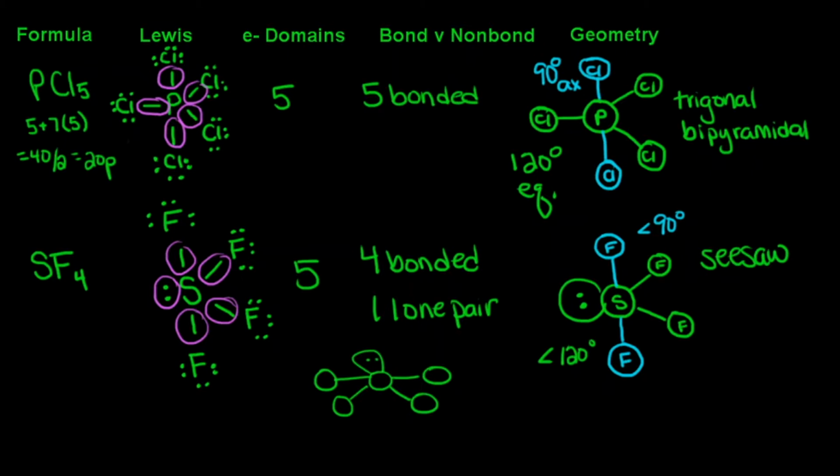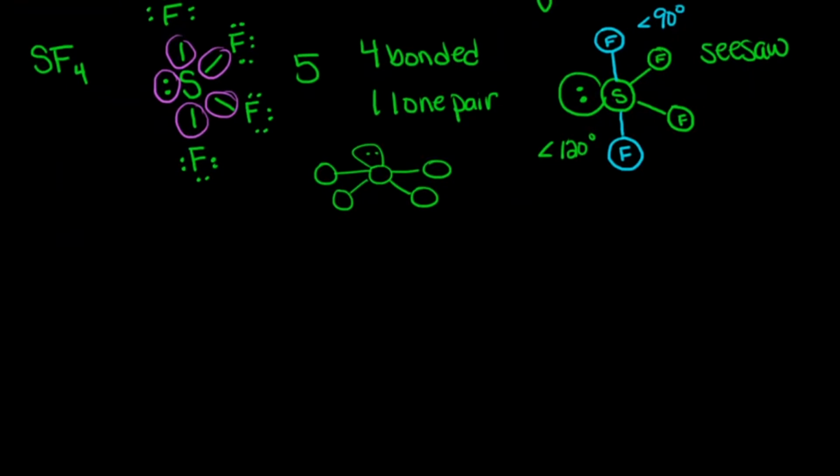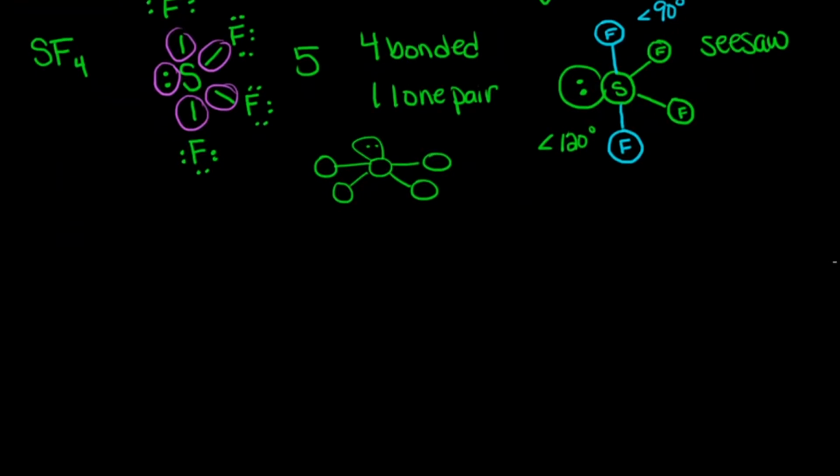Let's do another example, sticking with the 5-domain family. Let's do ClF3. Chlorine trifluoride. You guys can probably see where we're going to go with this. We're going to go with 2 lone pairs this time.